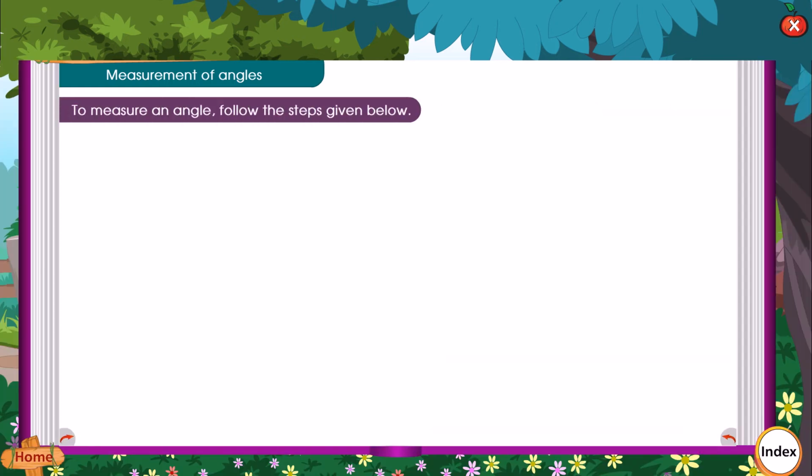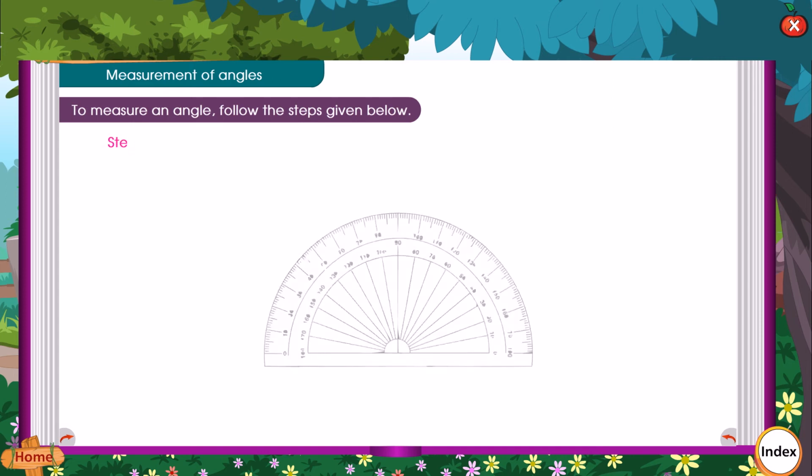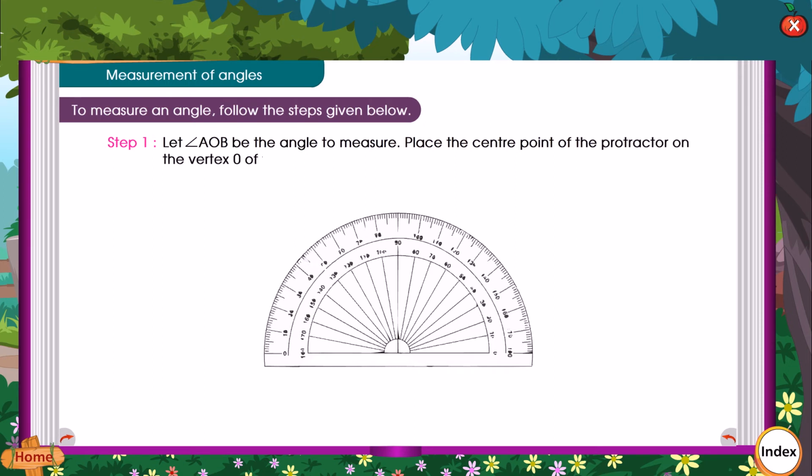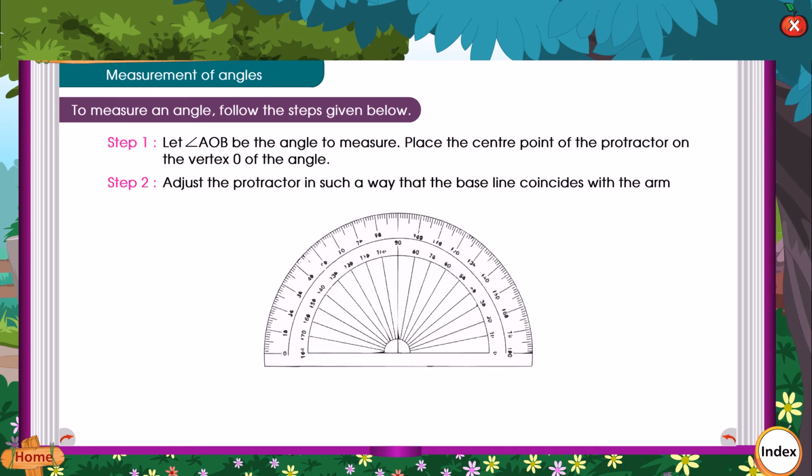To measure an angle, follow the steps given below. Step 1. Let angle AOB be the angle to measure. Place the center point of the protractor on the vertex O of the angle. Step 2. Adjust the protractor in such a way that the baseline coincides with the arm OB of the angle.